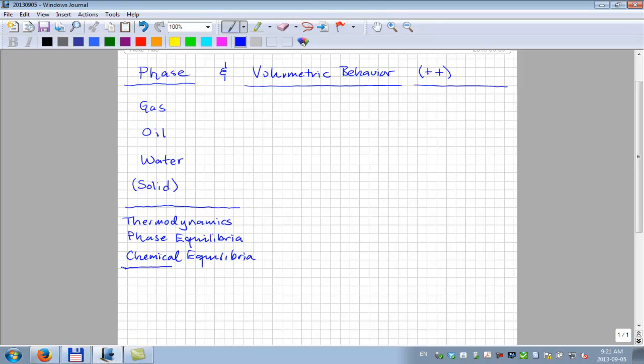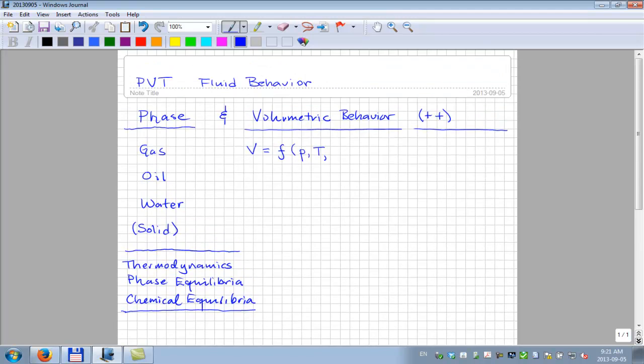So we'll talk more about that here, but let's just look at the volumetric behavior, because we've already spent some time on that in terms of gas. Basically, volumetric behavior is where you're looking for some function of the volume of a particular phase as a function of pressure and temperature, hence the term PVT, but also what I'll refer to as, this is basically our composition.